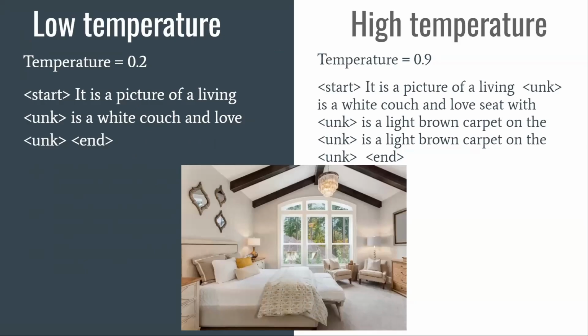Now moving on to our results after training, we see that the temperature value does indeed affect the length of the text. As the temperature value increased, we also see new information that wasn't in the previous output. This is of course not the best behavior of the model, but we're happy to see that the temperature value does affect the length and the descriptiveness of the output.